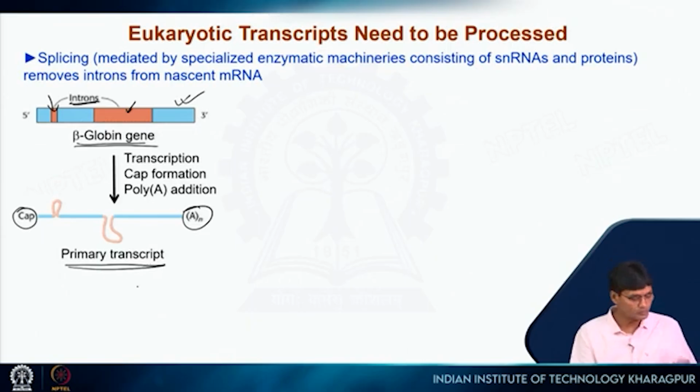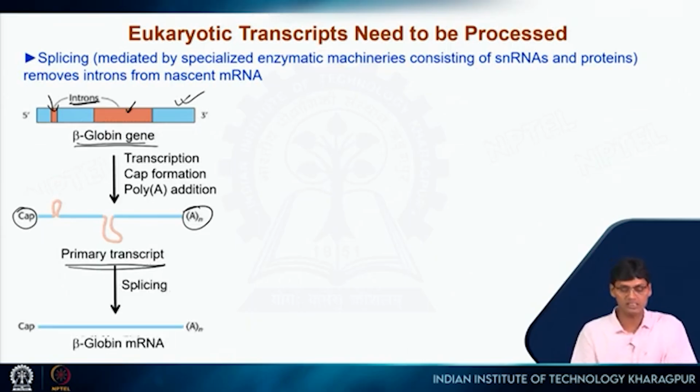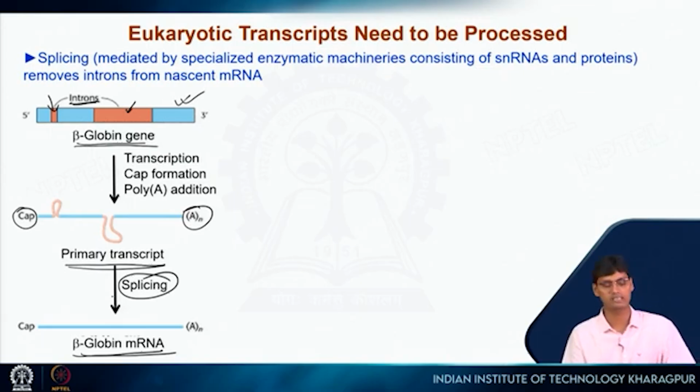So, finally we will get something like this. This is the mature RNA, the processed RNA where these introns are removed. This process is called splicing. Splicing is also required for the eukaryotic transcript to make the eukaryotic mRNA, and that will be used for the translation in the next step.